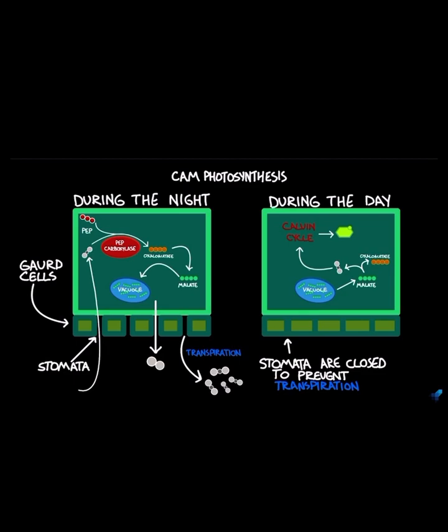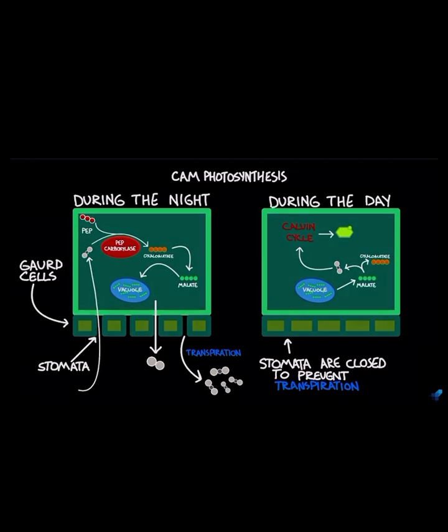Now, as the night passes and it's daytime, the stomata are closed, and the stored malate is going to be converted back into oxaloacetate, OAA, and that is going to release CO2 and PEP. So now the plant has CO2 for use in the Calvin cycle. And that is how CAM plants temporarily prevent photorespiration.